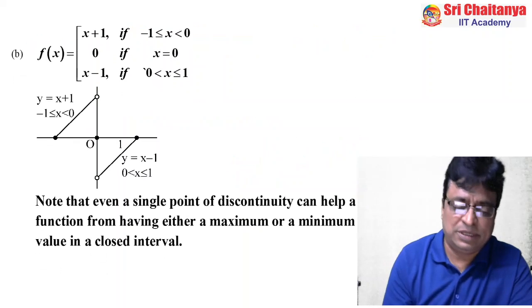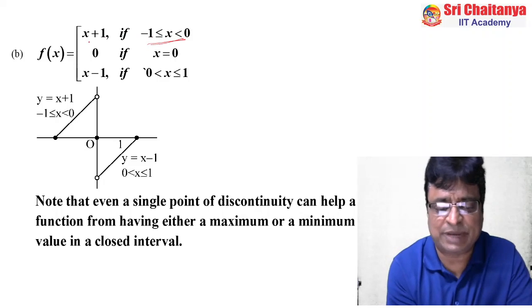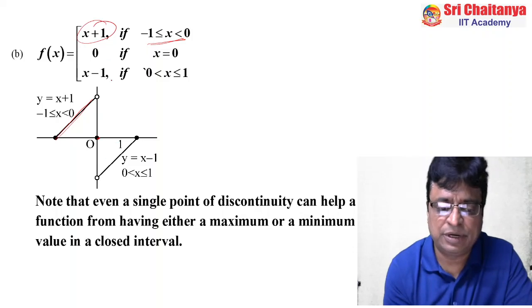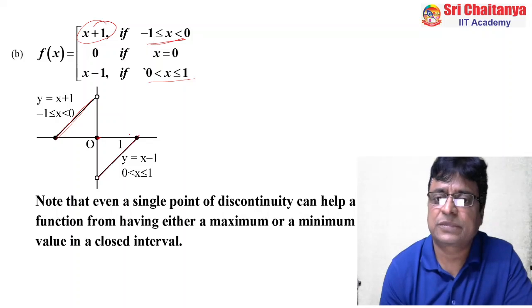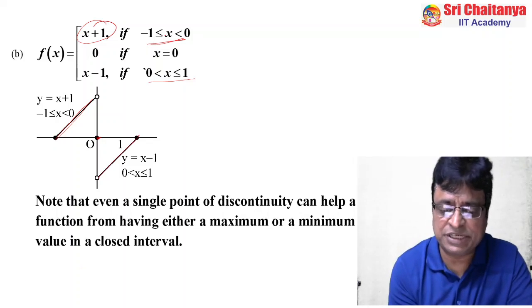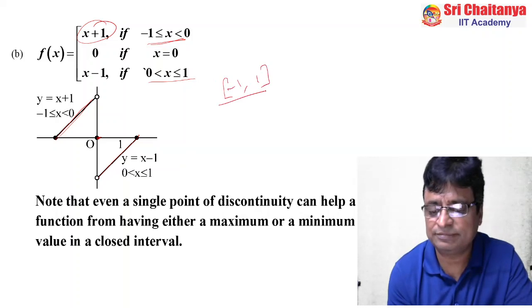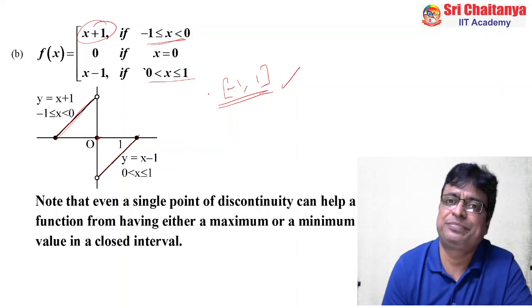And another, see this graph. In -1 to 0, this is my graph. This is a line, x plus 1. And at 0, it is 0. And for 0 to 1, this is my graph. So what happens? Your function is defined in the closed interval -1, 1.